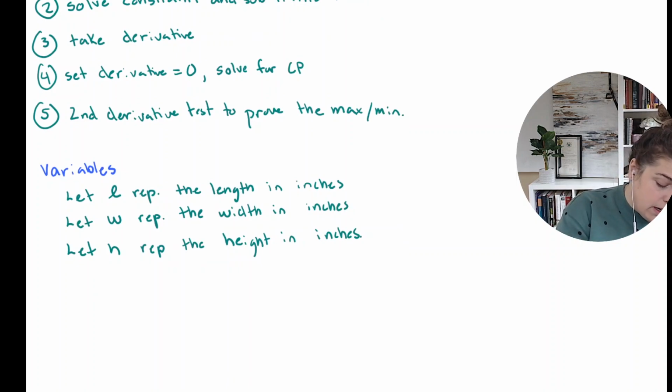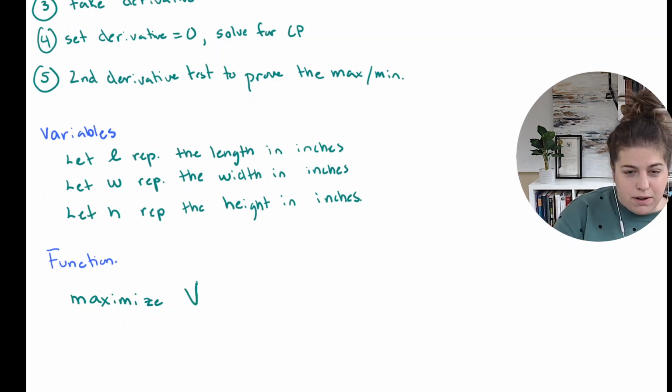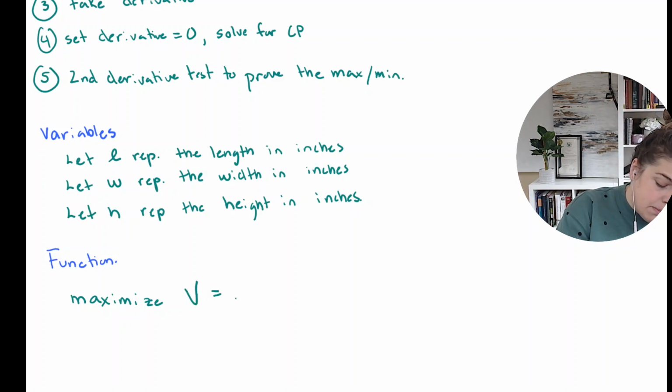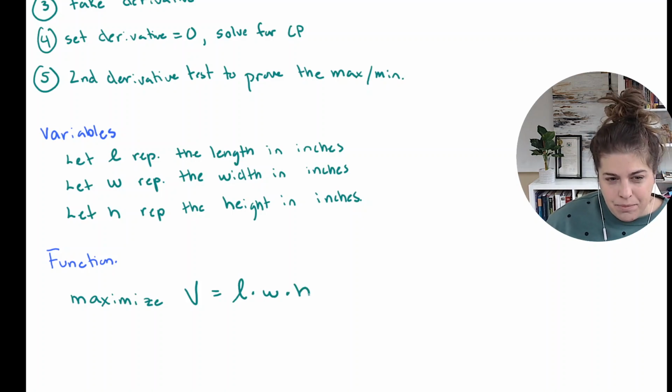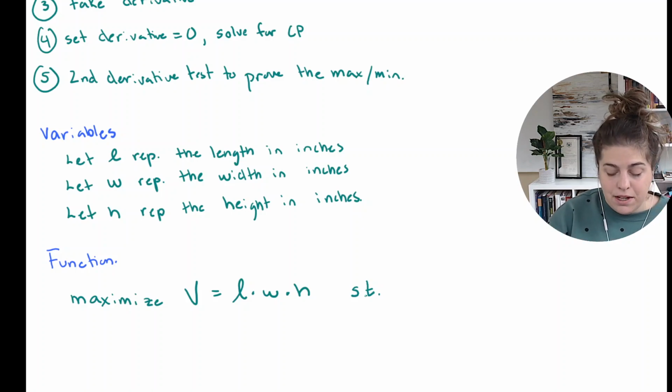And so now we need that main function. So our goal here is to maximize the volume of our luggage. And since it is a box, it is just length times width times height, okay? But then we have constraints. And so you'll sometimes see it written with like the subject to, or you might list off the constraints.